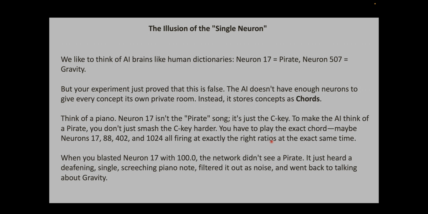Even after doing all these operations, the immune system of the AI looks intact. It still gives me the correct answer. And this is what we call the illusion of the single neuron.